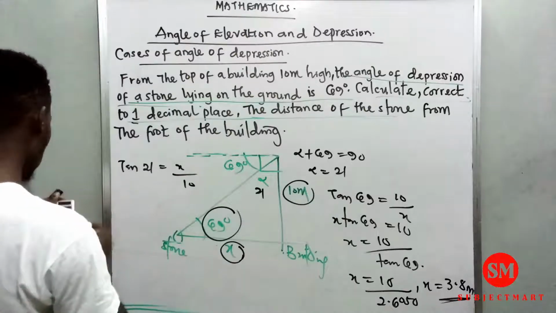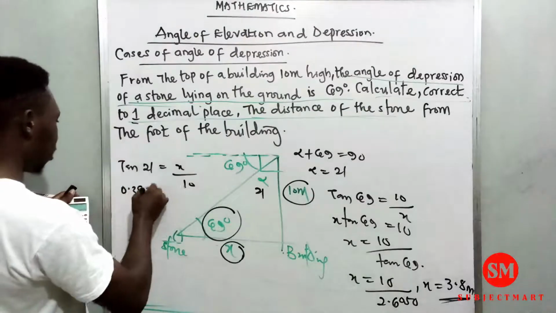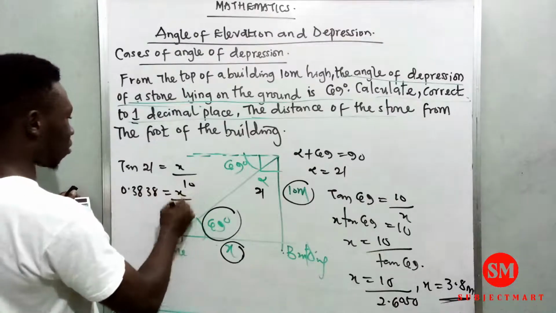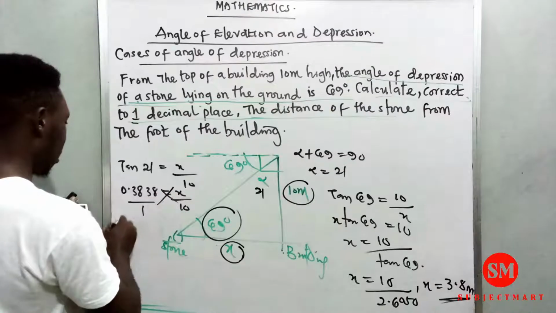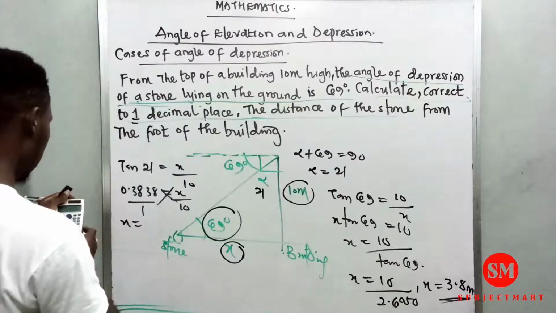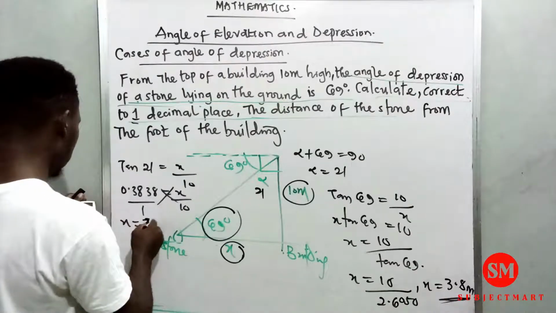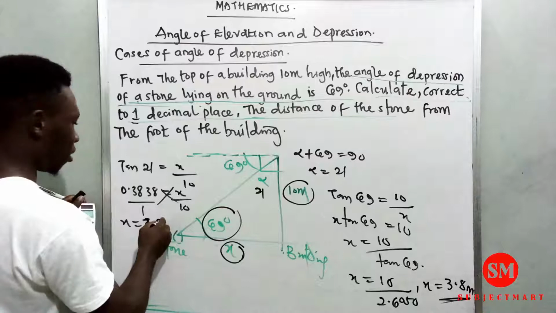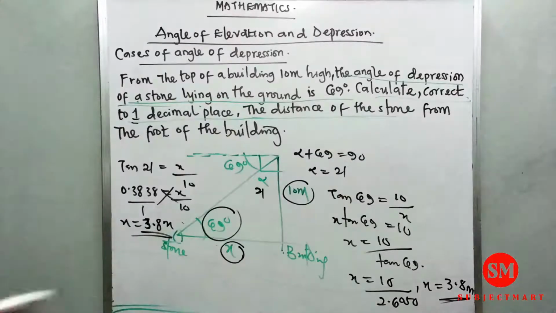Tan 21 is equal to 0.3838, which is equal to x over 10. So cross multiplying, x here is equal to 0.3838 times 10. That's going to give me 3.83 meters. So we have the same thing as our final answer.